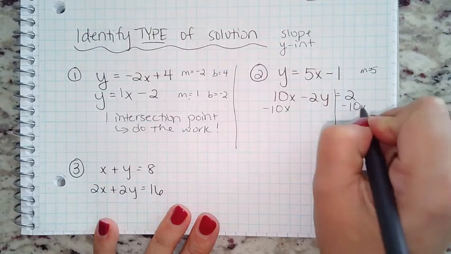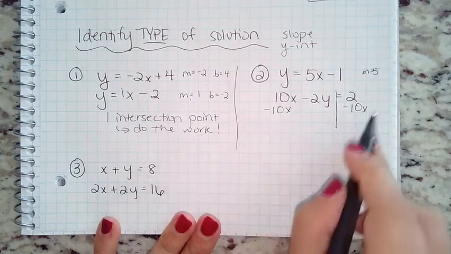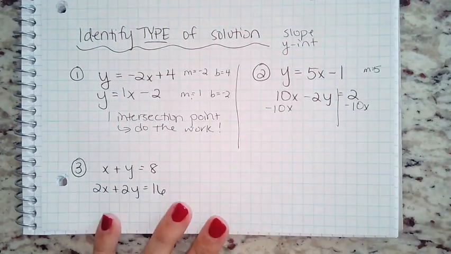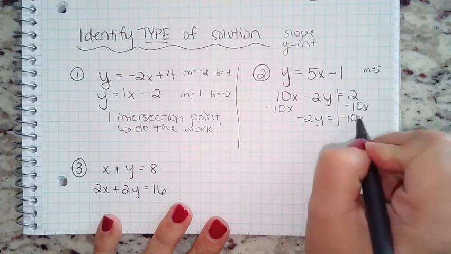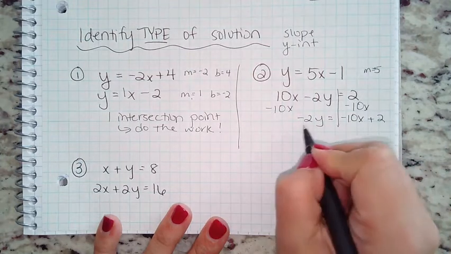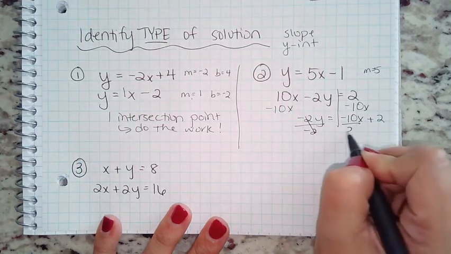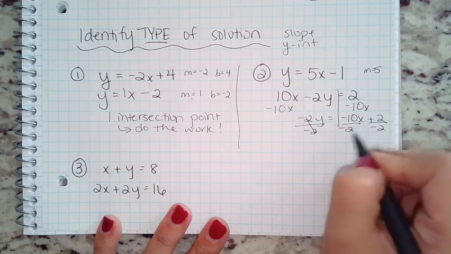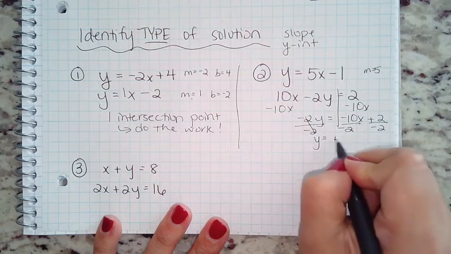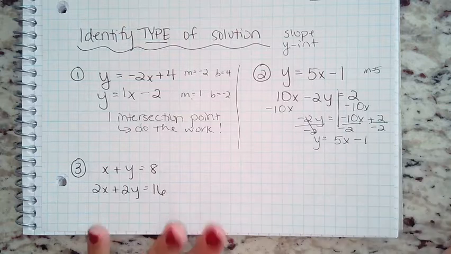The good news is if you find you still need to graph them, you've already done some of your work and it's no problem. And if I divide both sides by -2, I see something. I get y equals 5x minus 1.